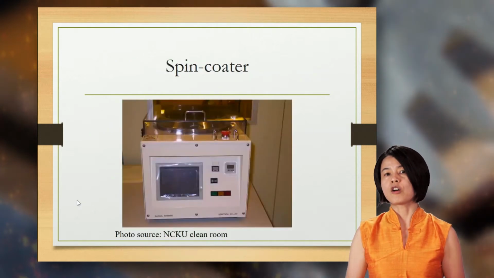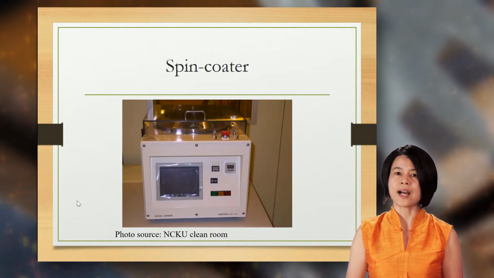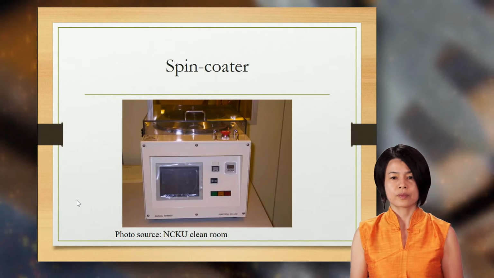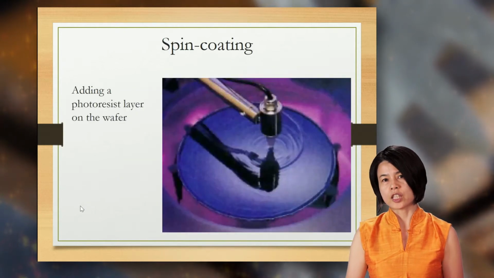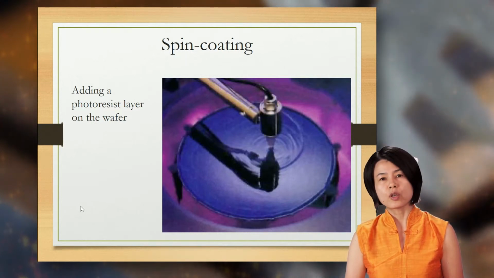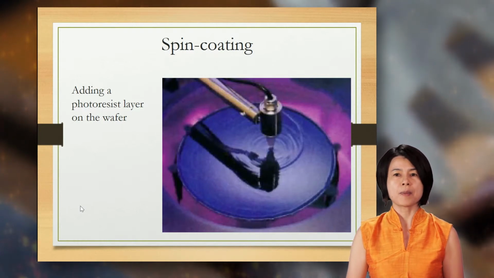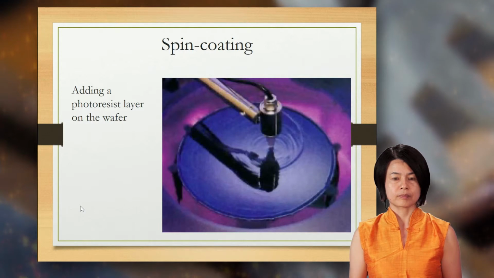Here is a photo of a spin coater used in the NCKU, National Cheng Kung University, clean room. The purpose of a spin coater is to spin a photoresist layer on the wafer. This photo shows a blue silicon wafer on the bottom with a dispenser on the top.